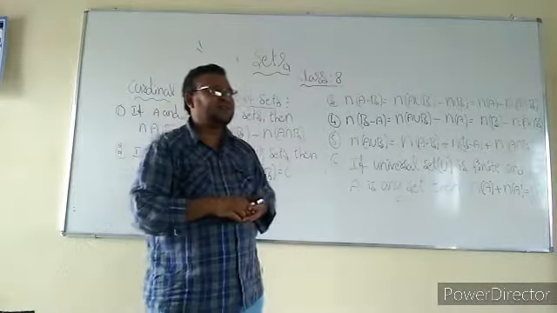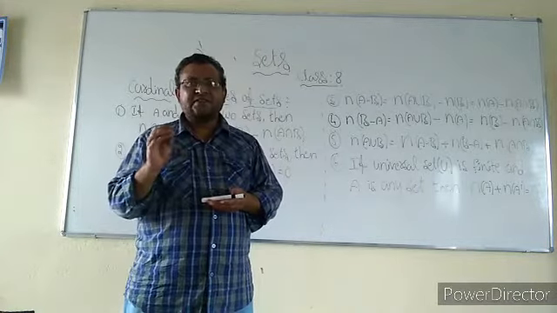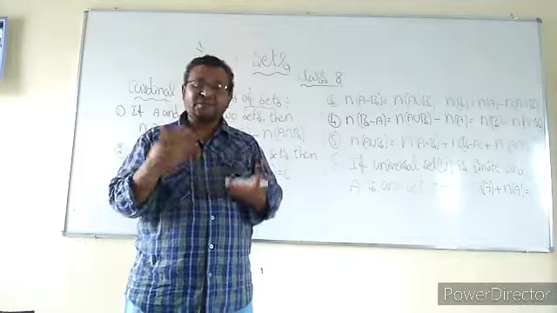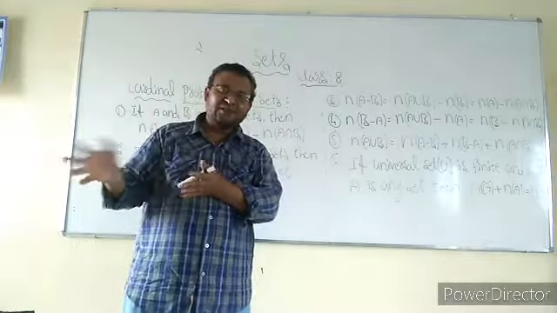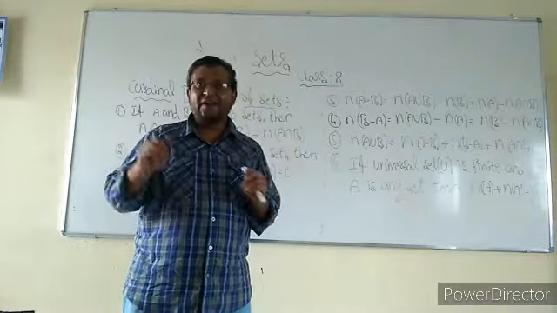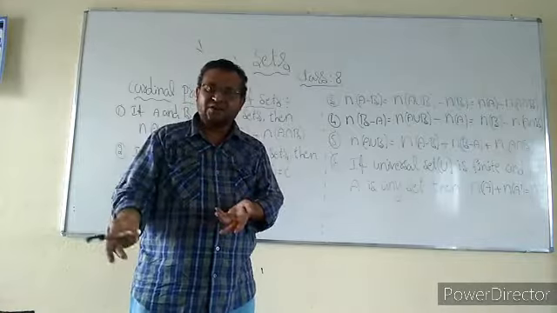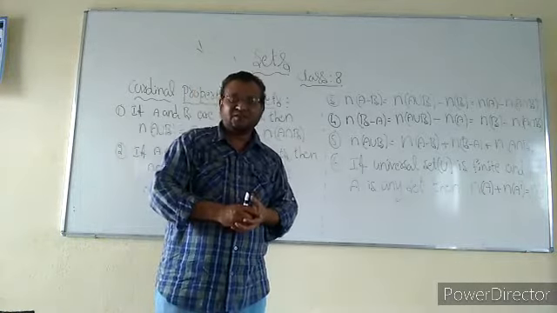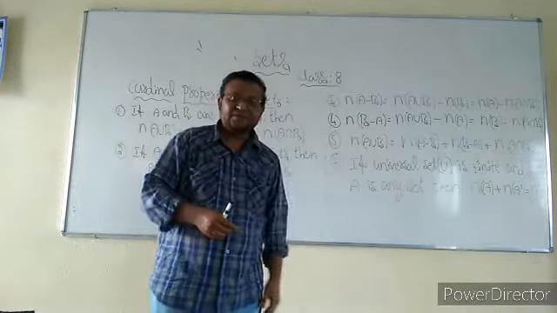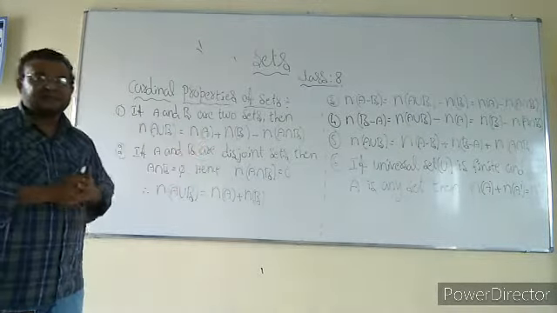Take the universal set as 1 to 10, A as 1 to 5, then A dash is 6 to 10. That means 5 elements in A, 5 elements in A dash. So n of A plus n of A dash is equal to 10. That is equal to n of U. Very simply we can prove all these cardinal properties of sets.